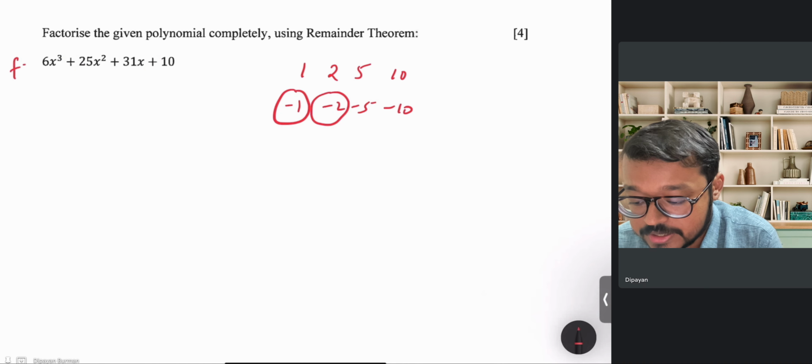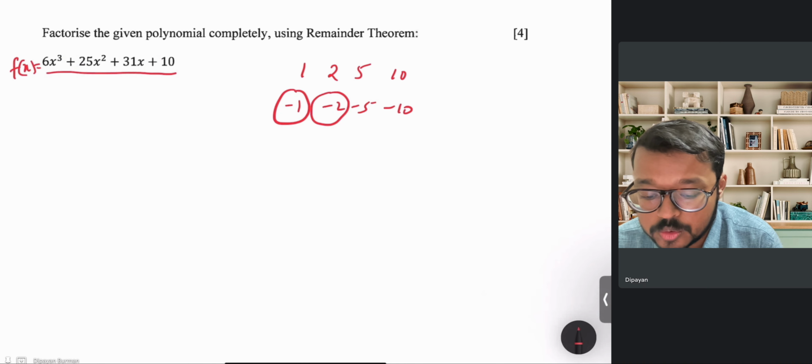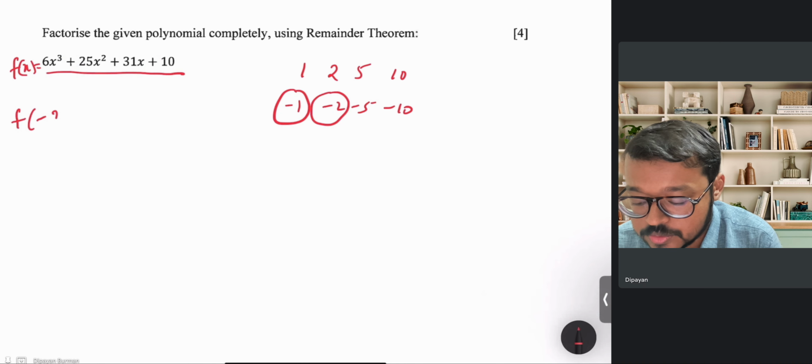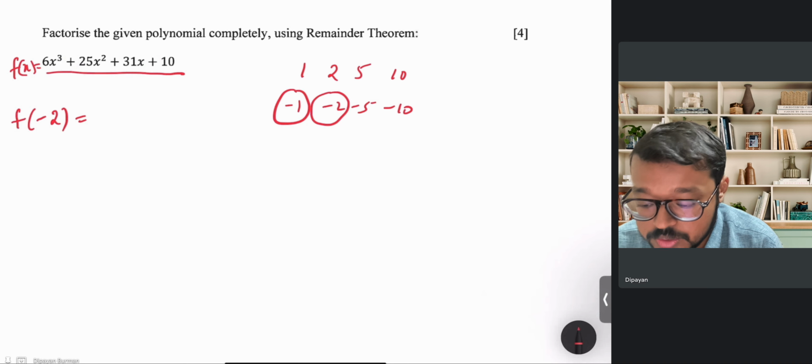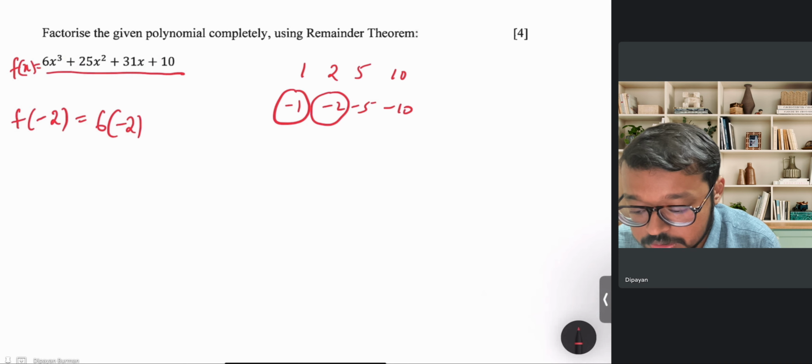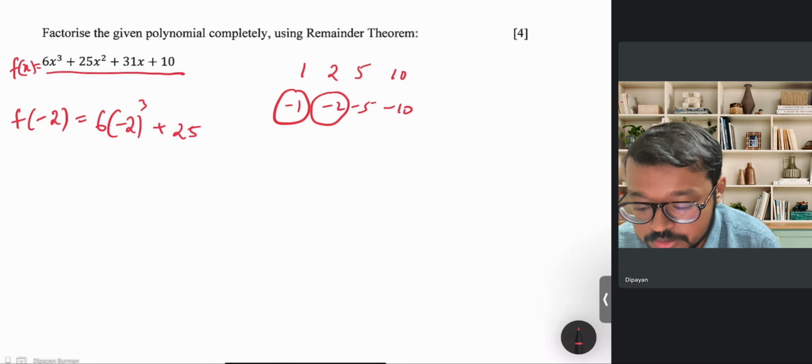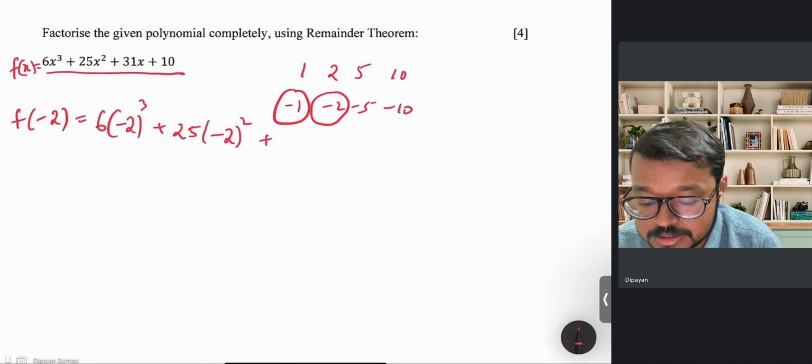So let f(x) equal this cubic polynomial. So f of minus 2, when I substitute x equal to minus 2, I will get 6 into minus 2 cube plus 25 into minus 2 square plus 31 into minus 2 plus 10.